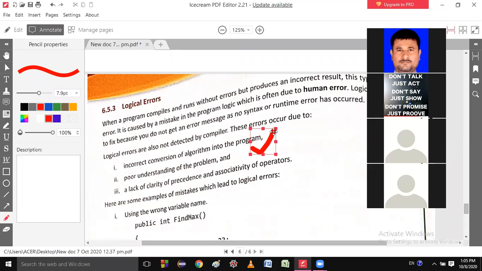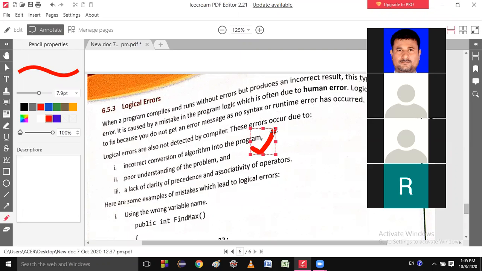Suppose someone writes, first take a glass of water, then mix it with milk. So this can be the procedure. But if someone says I will not take water, that means their algorithm is incorrect. So how can they make the program?